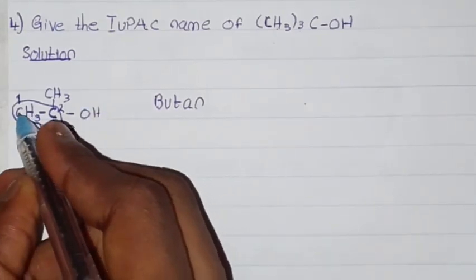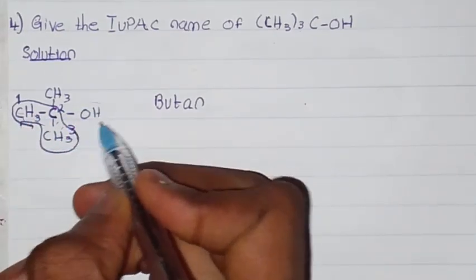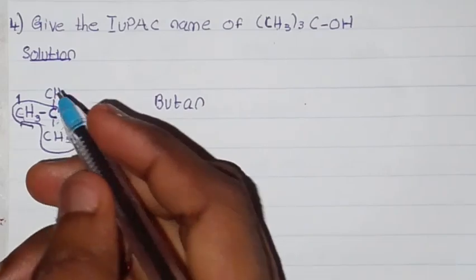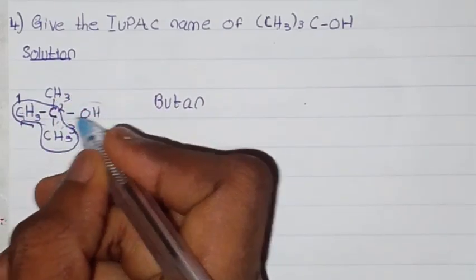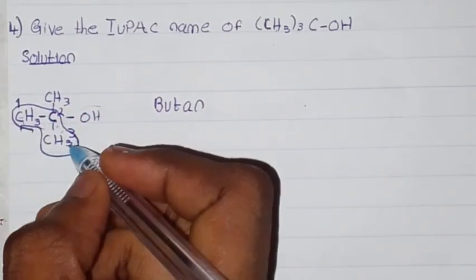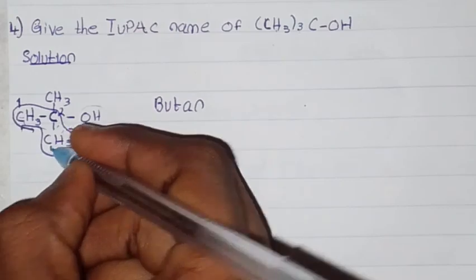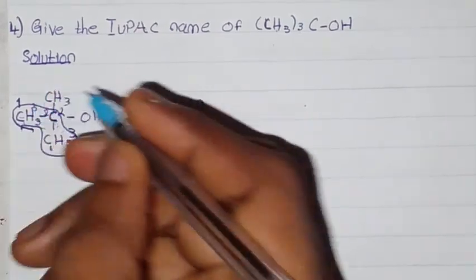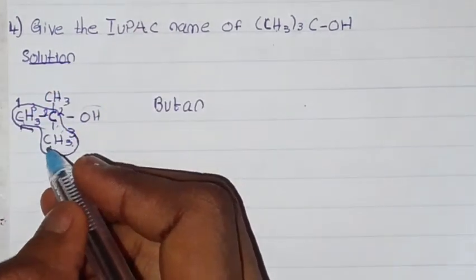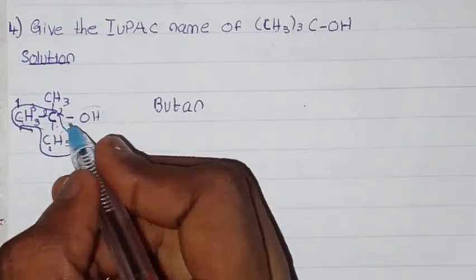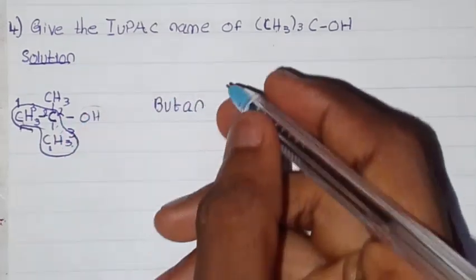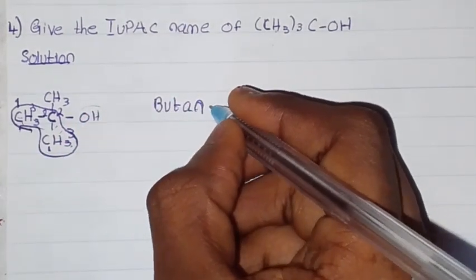Now 1, 2, 3. Remember, we're taking the OH as priority, not this methyl group. If we come forward, it falls on carbon 2. If we come backward, which is here, 1, 2, 3, as it was for question 1, it still falls on carbon 2. So obviously this OH group must take 2 because it always falls on carbon 2.